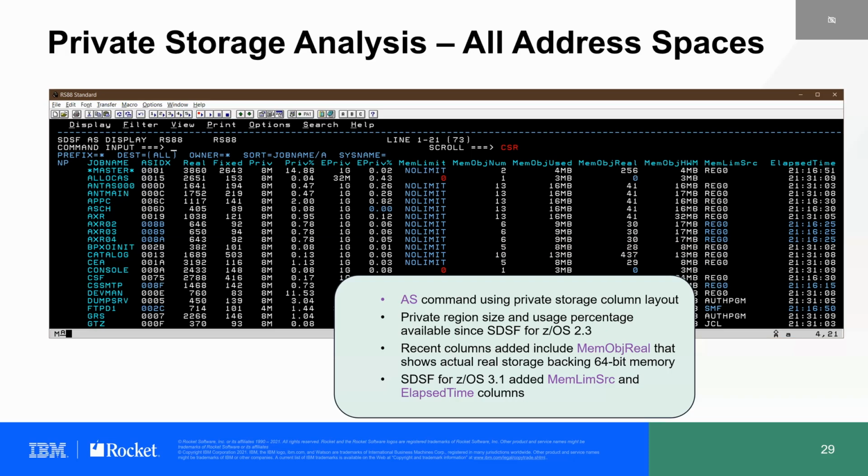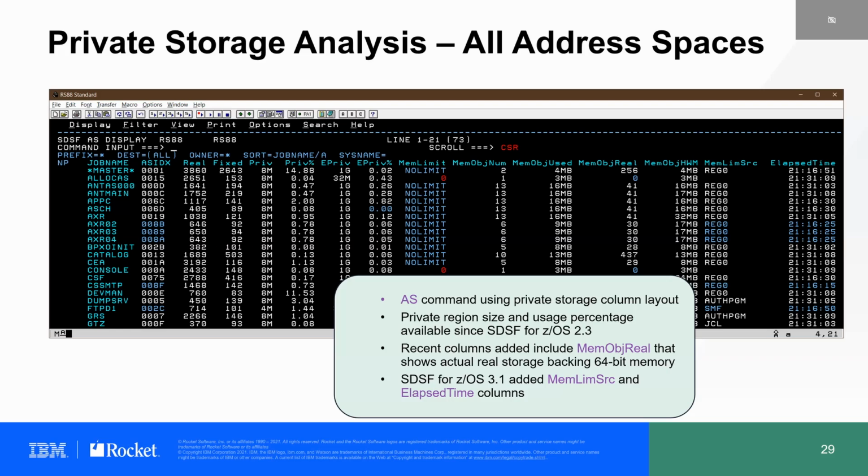So it's a common storage resident control block that describes private storage usage within the address space from a bird's eye view level. This means that we were able to add PRIV, PRIV%, EPRIV, and EPRIV% columns to the AS command. But because we care about compatibility, we had to add these columns to the end of the display, far right hand side of the screen. So some people don't realize that these columns exist. What I've done here, I've arranged them so that I bring them forward because I think they're quite interesting.